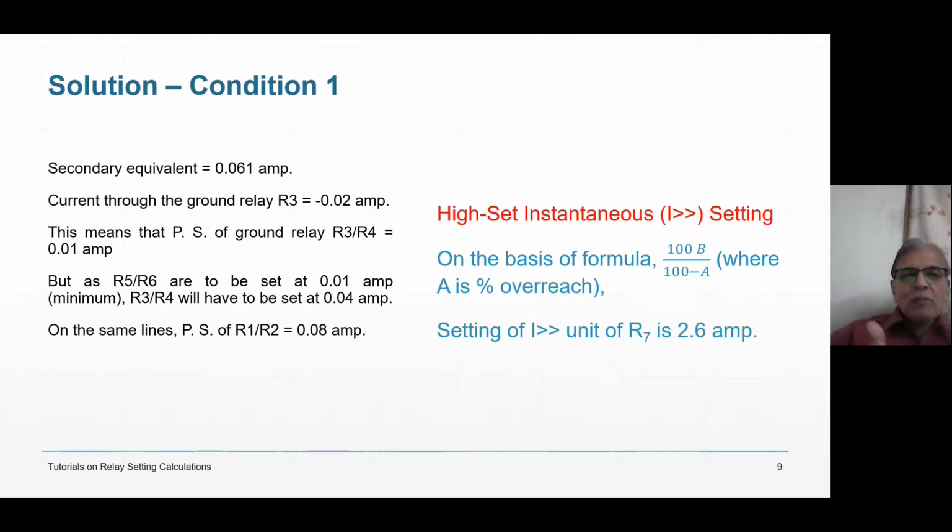Because the secondary equivalent current is 0.061 because 656 is passing, right?